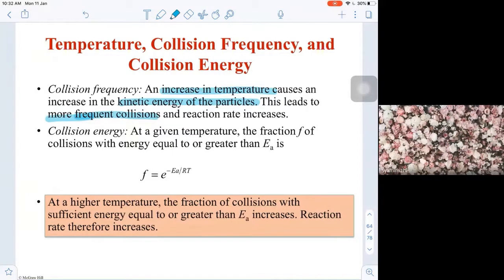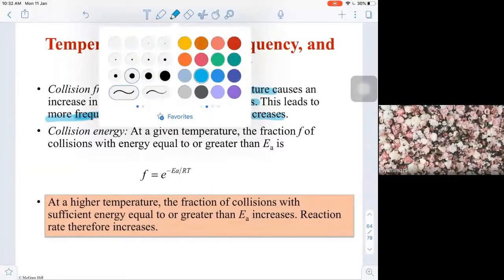The number of collisions, or the frequency of the collision, will increase. So when the frequency of the collision increases, the frequency of effective collisions will increase, and the rate of a reaction also increases. That is the first effect of increasing temperature, in terms of the frequency.